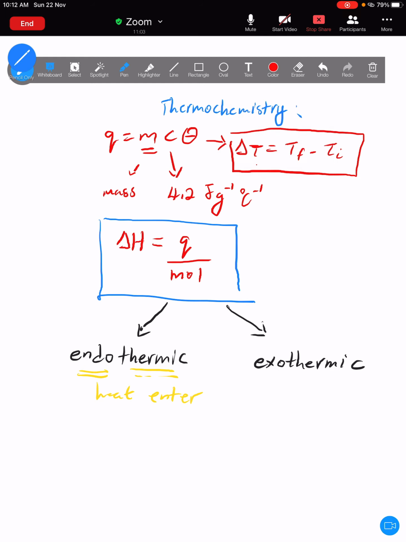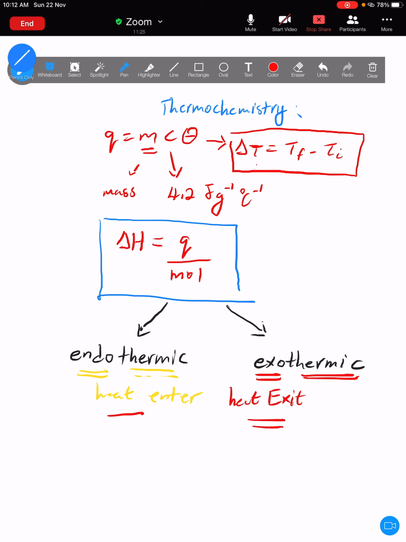On the other hand, exo is from the word exit. What is exit? Heat, thermic, the heat exits. So, therefore, endothermic is absorbing heat from the surrounding, and exothermic is where heat is lost to the surrounding. You must remember this.